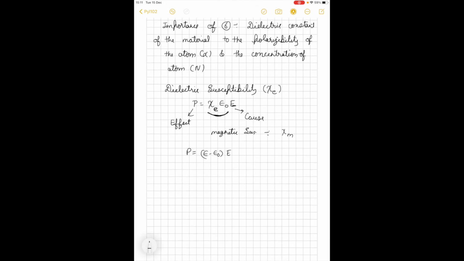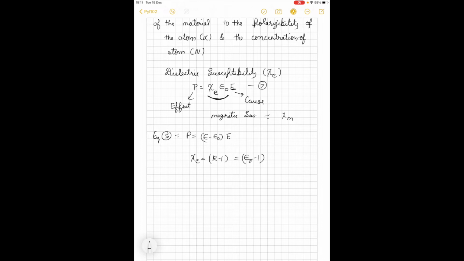Let me call this one equation 7. So from 5 and 7, I can write down chi E is equal to k minus 1, which is the same as epsilon r minus 1.